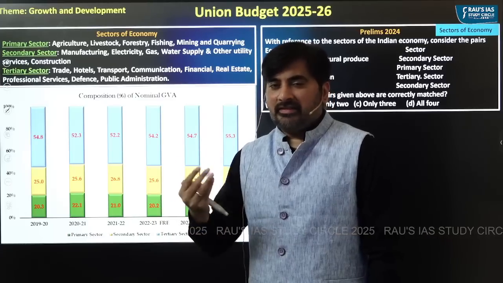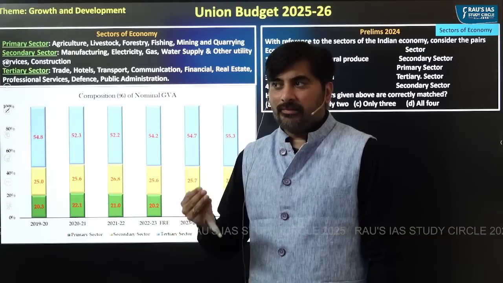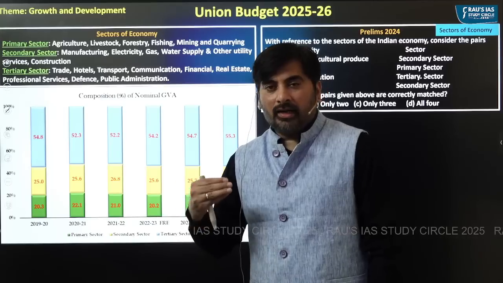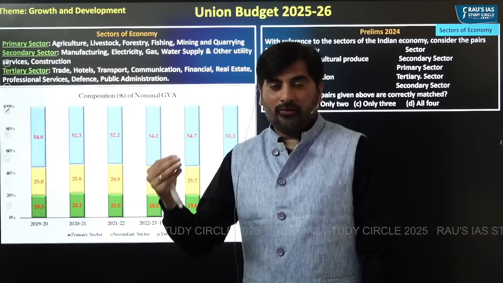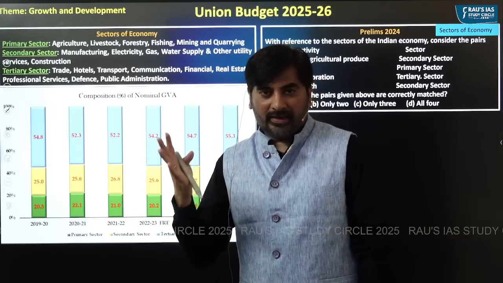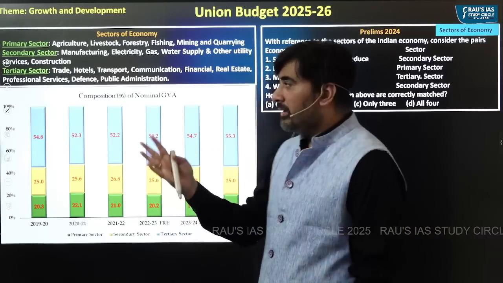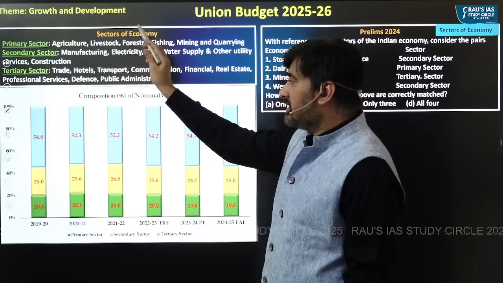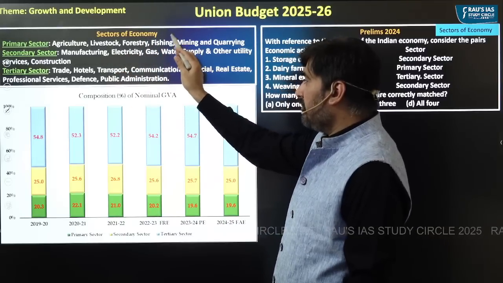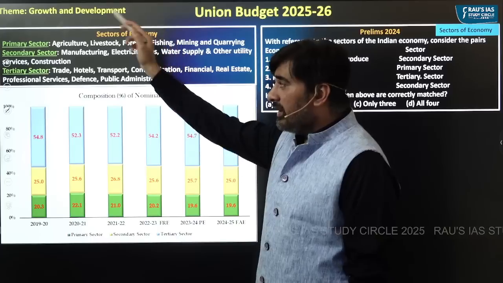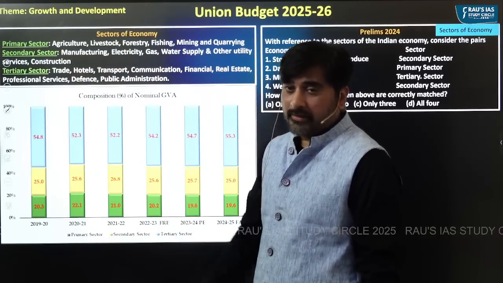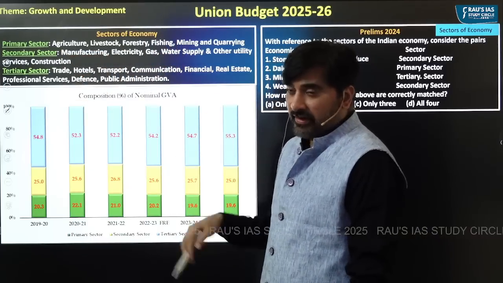The primary sector includes those sectors wherein we are directly dependent upon nature. Examples include agriculture, livestock, forestry, fishing, mining, and quarrying. Please understand, mining and quarrying is also part of the primary sector, and it's not the secondary sector.